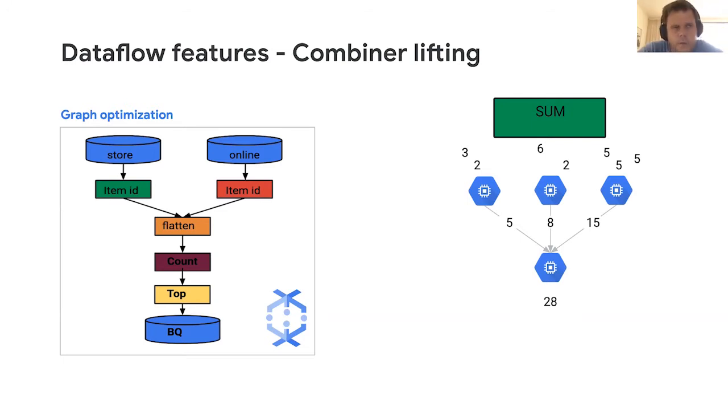We do that by default only on batch jobs, because on streaming it doesn't give enough advantages: in streaming, the combines and the triggering need to produce the aggregates quite often, so combiner lifting is more of an overhead. But for batch it introduces a really nice set of optimizations because it pre-aggregates the data before shuffling it. And we know that any shuffle between workers in distributed systems is always super costly. So that's another nice feature for graph optimization.